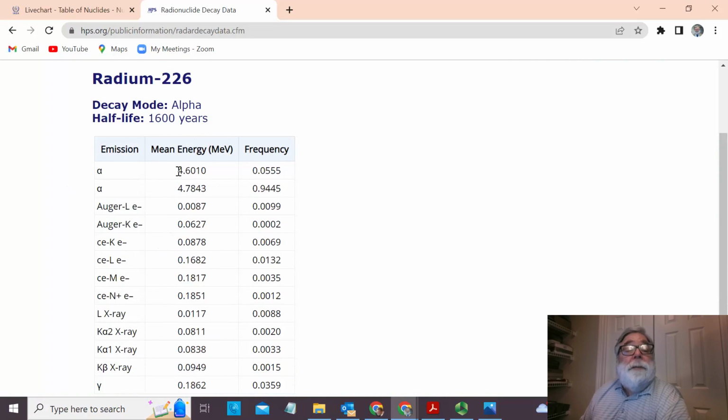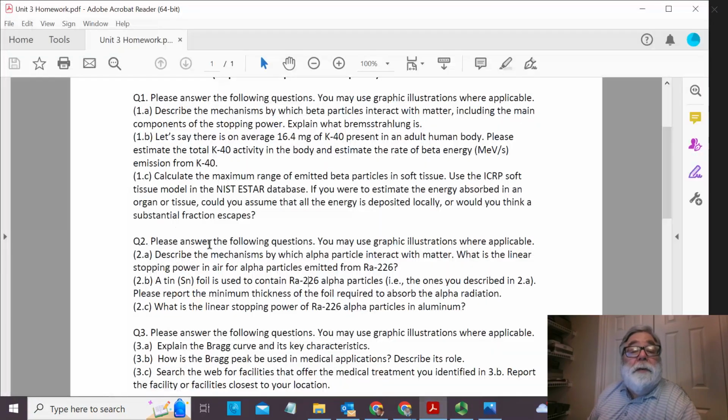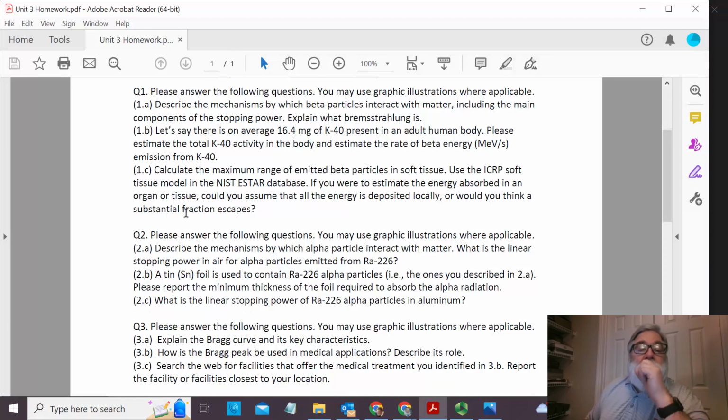It's got 2 alpha particles, and some people calculate it for both, 4.6 MeV, but that's 5.5% of the time. The 4.78 MeV is about 95% of the time. So I'm going to do the calculation just with the 4.783 MeV alpha particle. Okay? Now let's go back to our assignment and see what we've got to do.